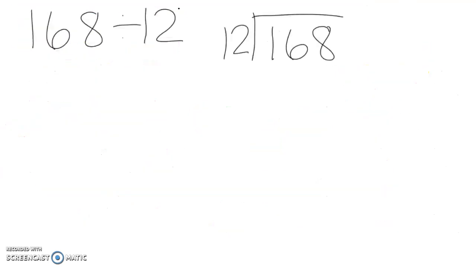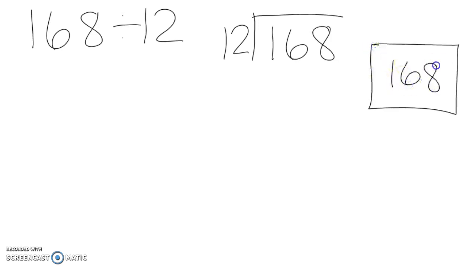So let's see what this would look like with the problem that we have. What's interesting here is that we're starting with division. So let's say that our division problem is a rectangle. The area equals 168, so that's the value of the inside. And we know that the length of one side is 12.